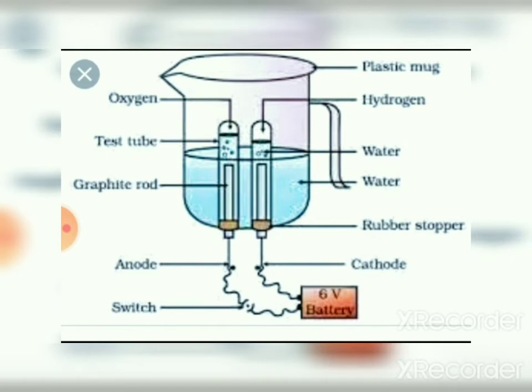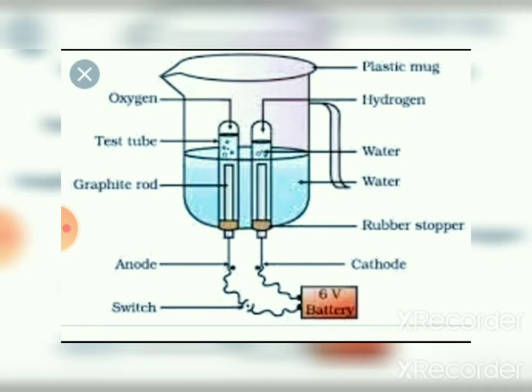the anode. Now look at the empty spaces which you see above the water level in the test tubes. These spaces are actually not empty. On the right side, that is at the cathode, this space is filled with hydrogen, and on the left side, that is at the anode, the space is filled with oxygen.